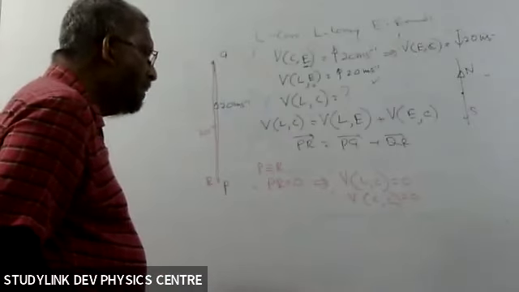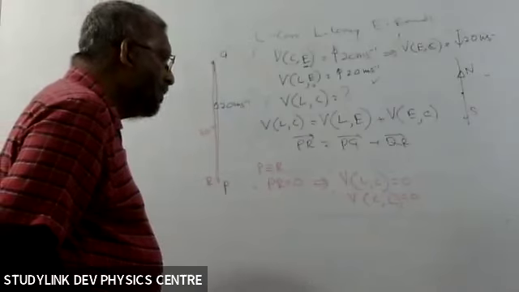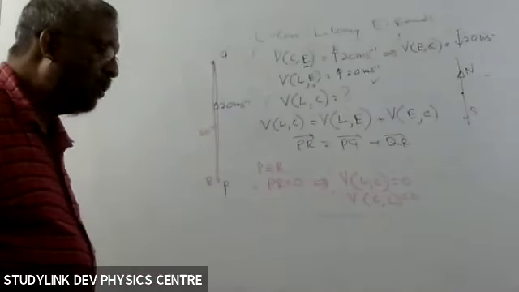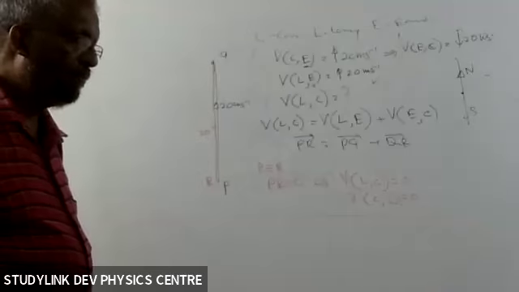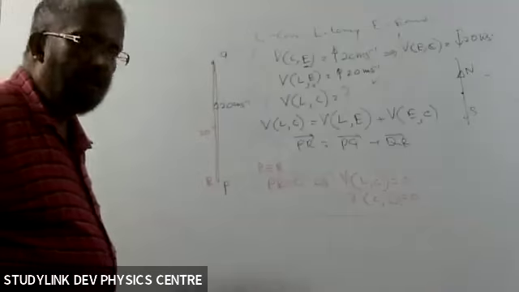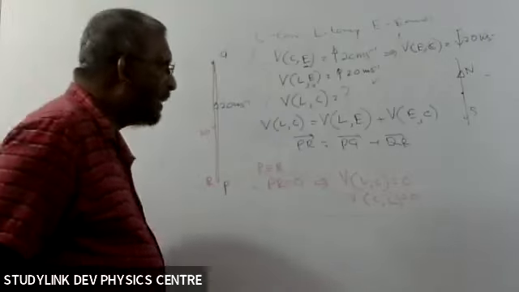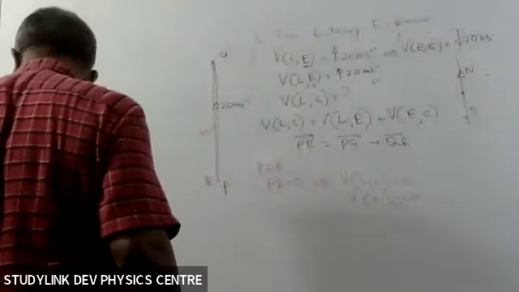A lorry is moving to the same direction with a velocity of 2 ms minus 1. First one is 8 ms minus 1, second one 2 ms minus 1.